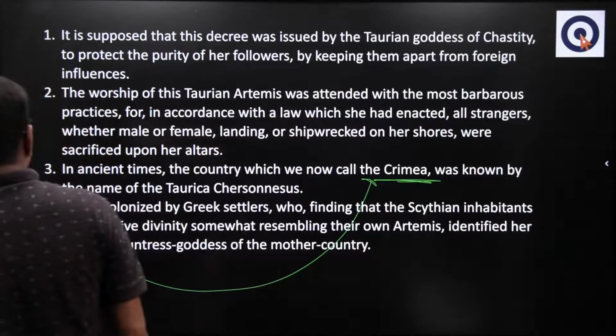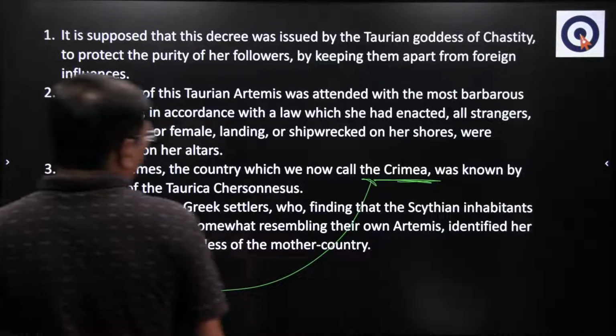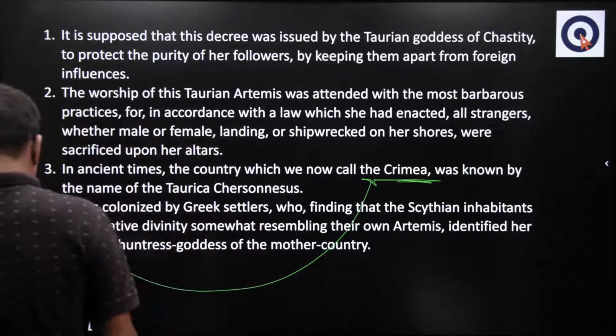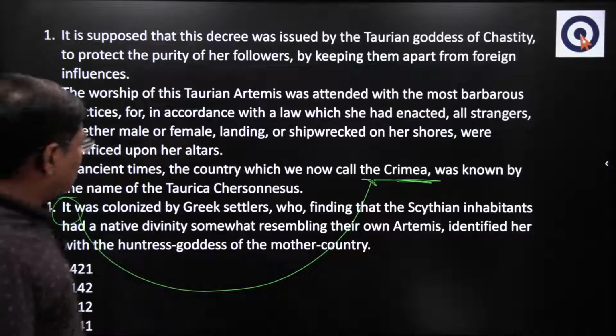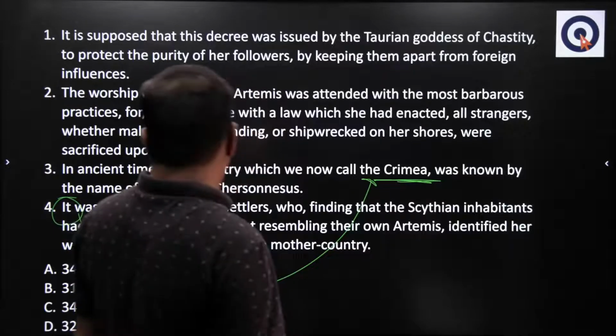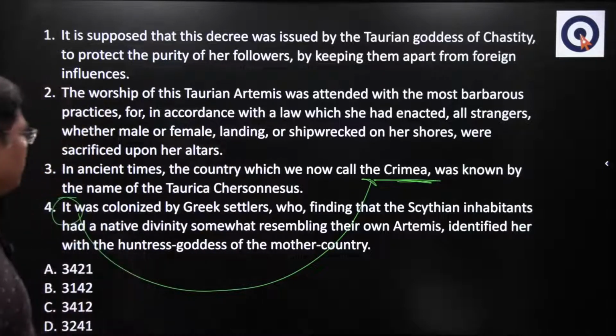You would say, in ancient times, the country which we now call the Crimea was known by the name of Taurica Chersonesus. It was colonized by Greek settlers who, finding that the Scythian inhabitants had a native divinity somewhat resembling their own Artemis, identified her with the huntress goddess of the mother country. Correct?